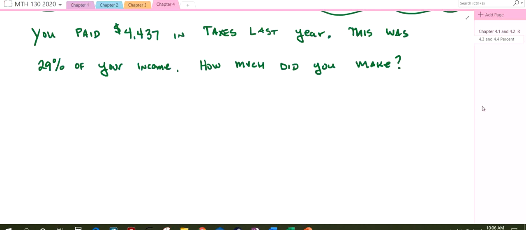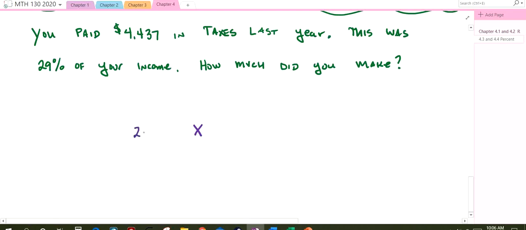Let's set this up into that little question we ask ourselves. So, what are we doing? We want to figure out how much we made. So that is x. How much did you make? That's x. Now, it says that this is 29% of our income.